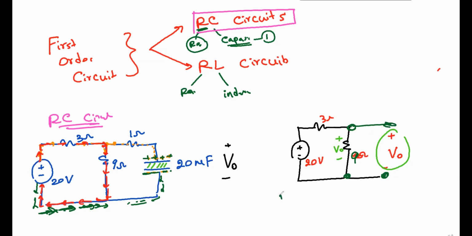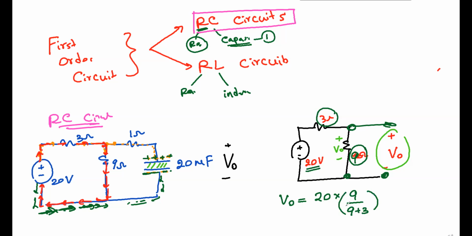So how do you find the V naught? You use the voltage division rule. This 20 is divided between 3 and 9. Am I right? So how do we write the voltage division rule for the voltage across the 9? That will be total voltage, if you can remember, 20 times 9 over 9 plus 3. Am I right, guys?